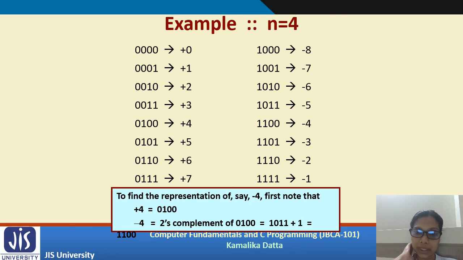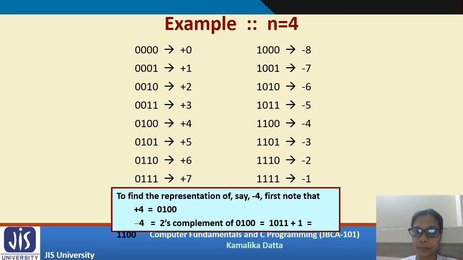But let's see what happens from minus 8. How do we represent minus 8? How do we represent 8 basically? We represent 8 as 1, 0, 0, 0, right?